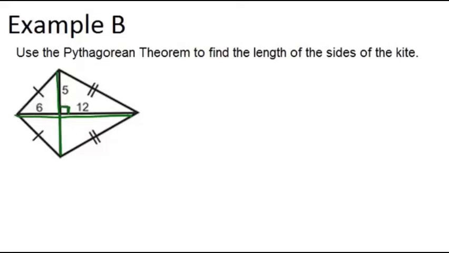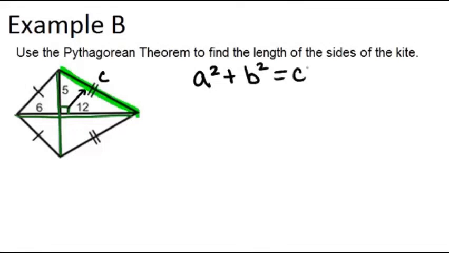So we can use the Pythagorean theorem to find these missing sides. Let's first start by finding the length of this segment. We're going to call this side c because it's the hypotenuse, because it's across from the right angle. The Pythagorean theorem is a squared plus b squared equals c squared, where c is always the hypotenuse.